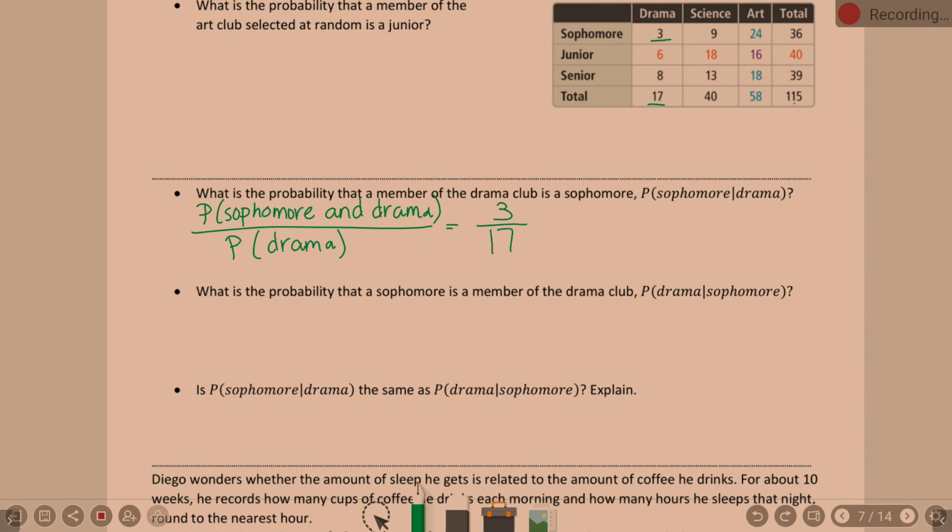But again, those 115s, when we divide those fractions, would cancel. Does 3 17ths reduce? No. Well, I just boxed it. I just made it obvious, didn't I? Or the fact that they're both prime and they're not going to reduce. Learn the setup here, folks. This right here is not difficult probability, but you have to know the setup. Otherwise, it does become difficult.